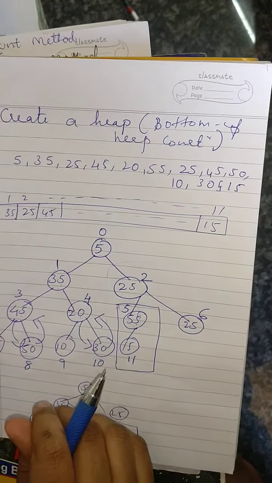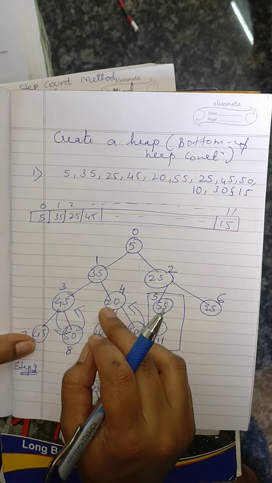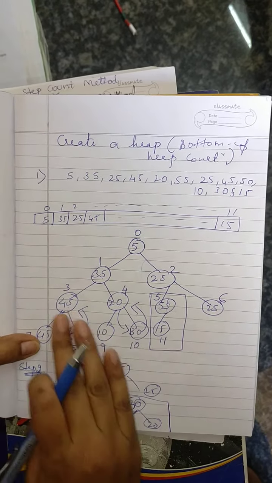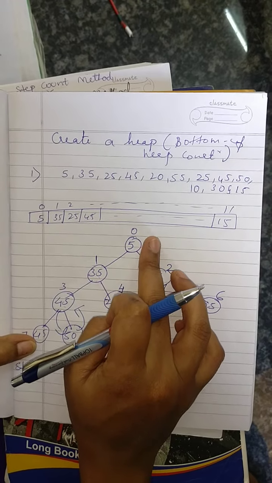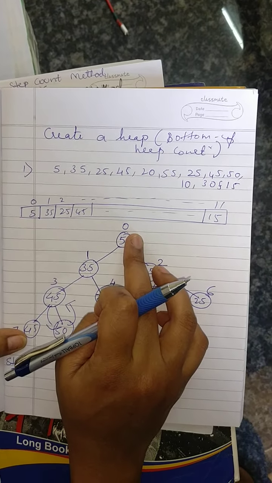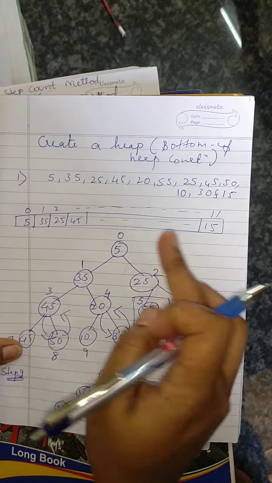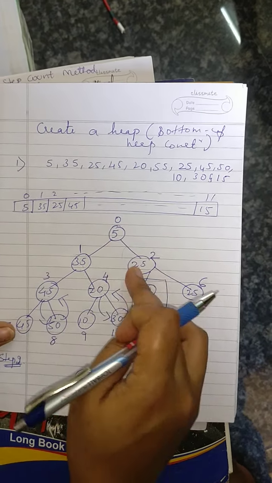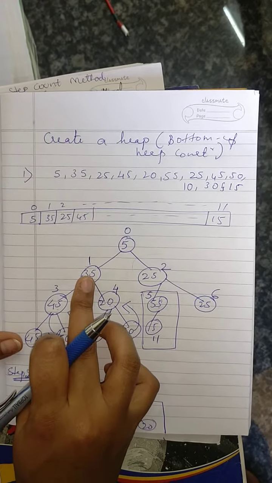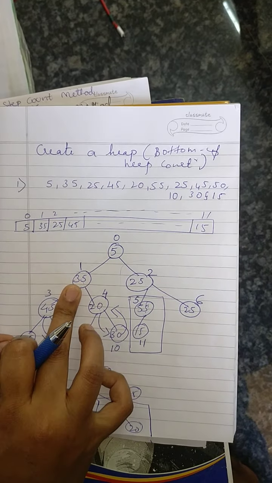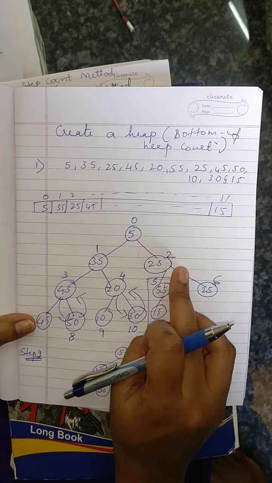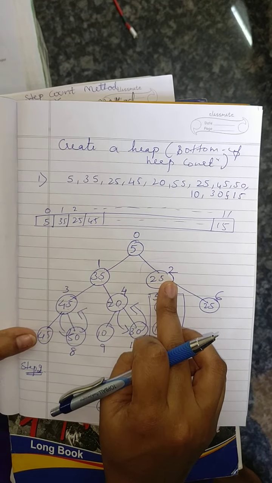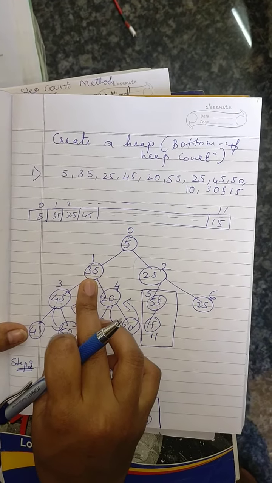Next step. Consider the next leafy node. Which is the next leafy node? No leaf nodes are there, but you have a parent node here. Now you have to check for the next non-leafy node, that is 5. Next, 5 is swapped with the largest of 2 children. I think here you will get 55, here you will get 50.